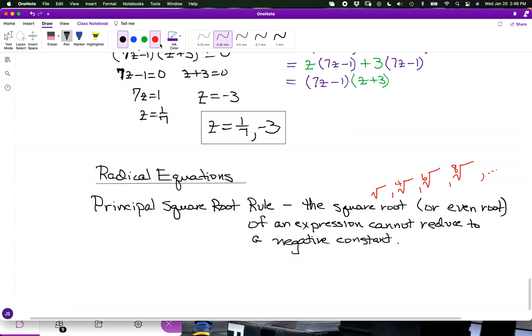And I'll just mention at the start. Okay, so we have the principal square root rule. Let's call this PSR.